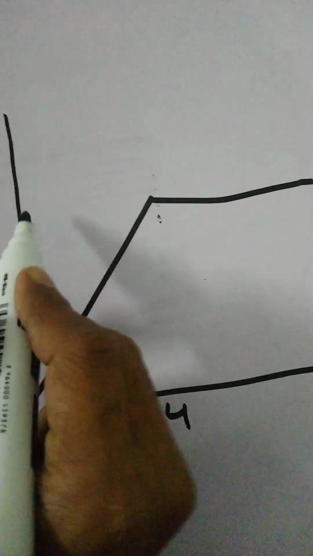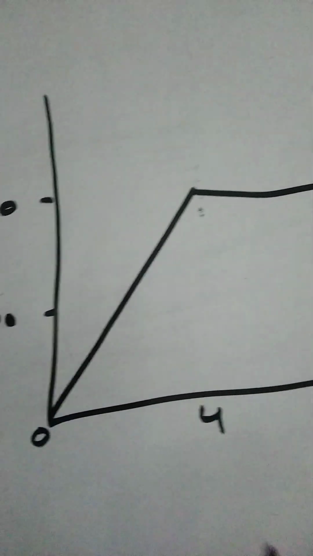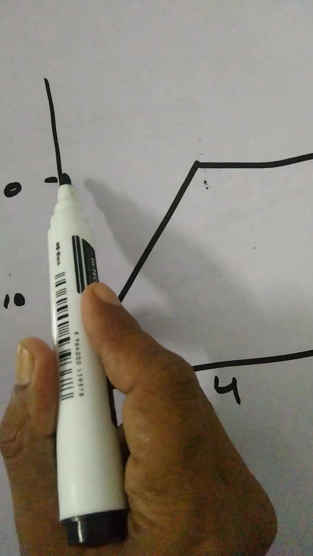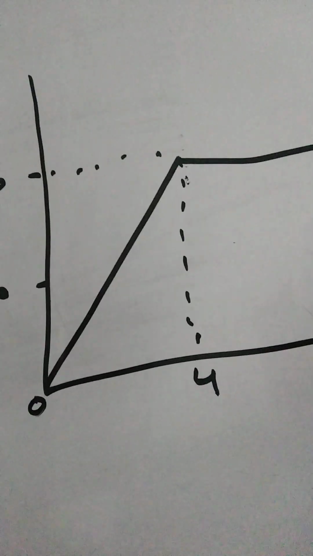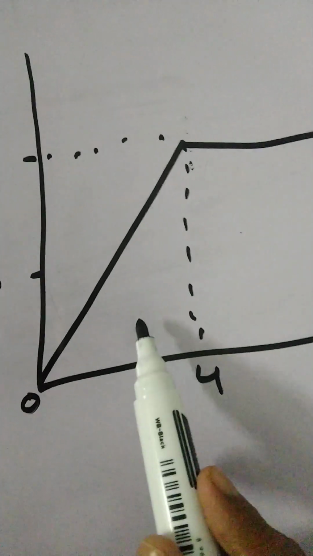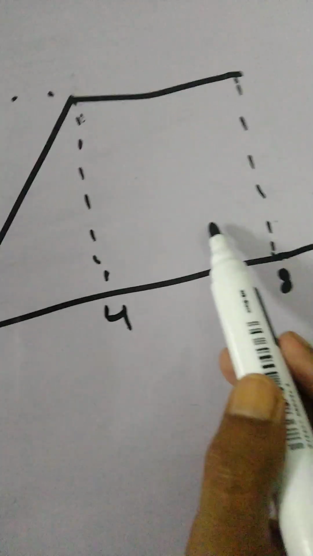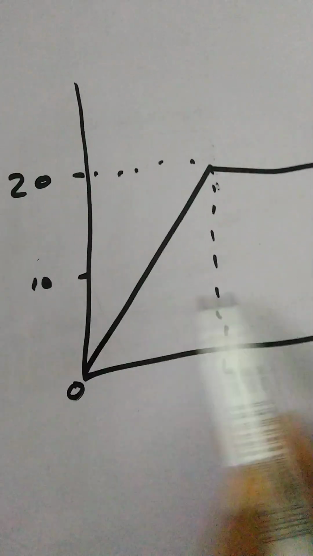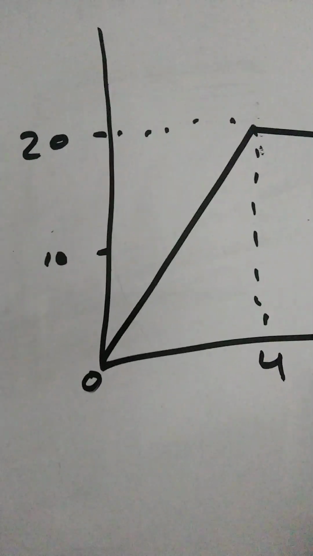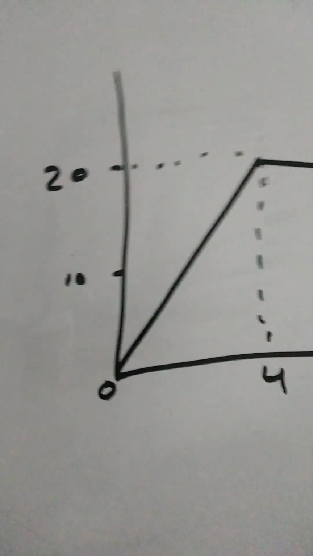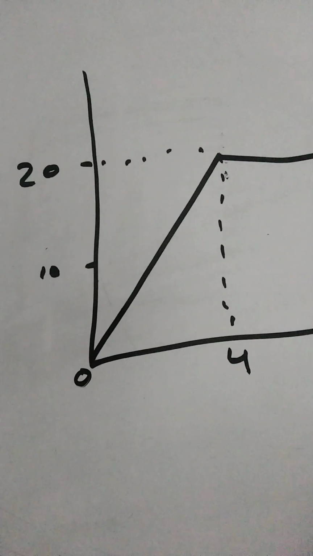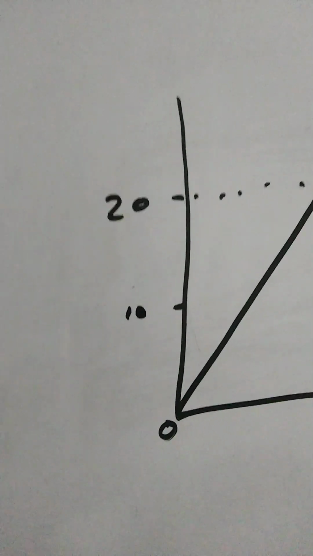On the top here is 10, and here exactly is 20. Now we will see these two points. Whether we apply the triangle and square formulas, or the trapezium formula, we can find the area covered by a car moving for 8 seconds with a speed of 20 meter per second.